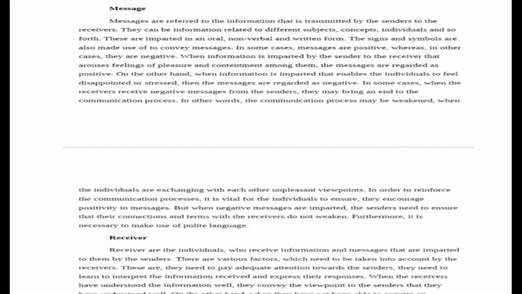So, a message can be related to any subject or any concept or any individual, means any person. And likewise, these are imparted in an oral, non-verbal, and written form. So it can be shared in any form, verbal, non-verbal, or written.